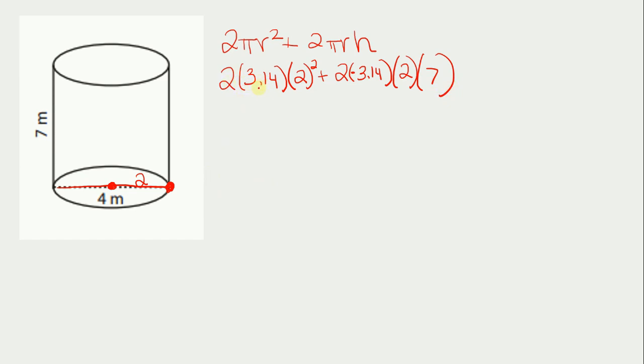Two times 3.14 times 4, because that's 2 squared, that's 25.12. 2 times 3.14 times 2 times 7 is 87.92. Add those two together quick. I get a surface area of 113.04 meters squared.